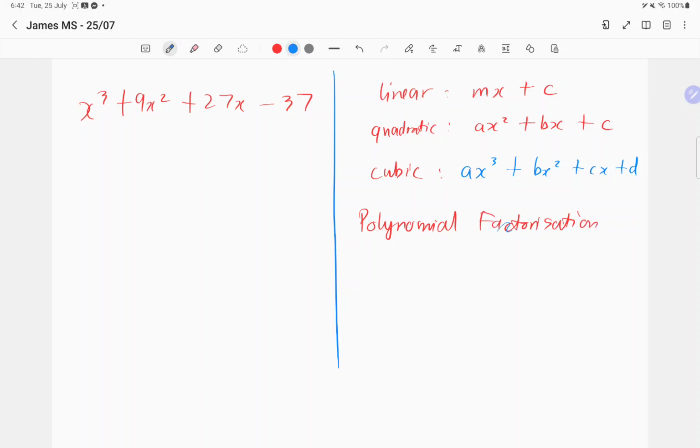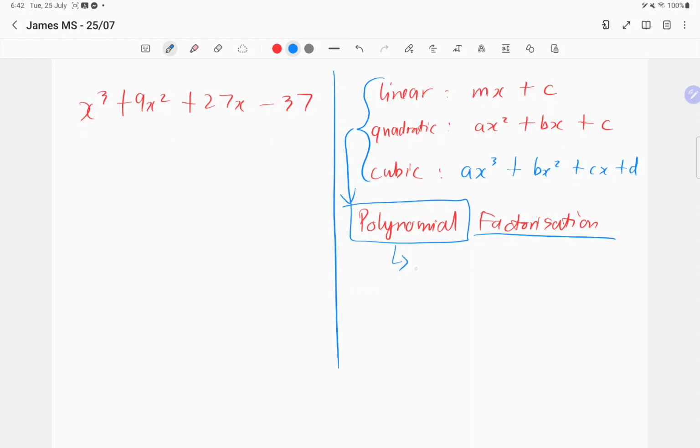Okay, I'll break it down. Factorization is turning something like this into a bunch of brackets multiplied together. That's what factorization is, right? And polynomial is just a name for all of these. All of these things are called polynomials. So polynomials are expressions.